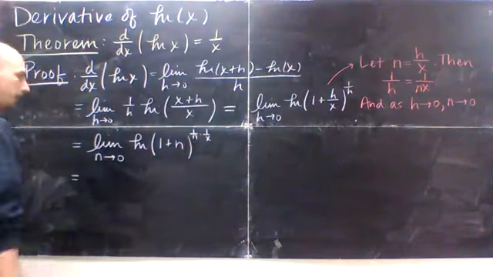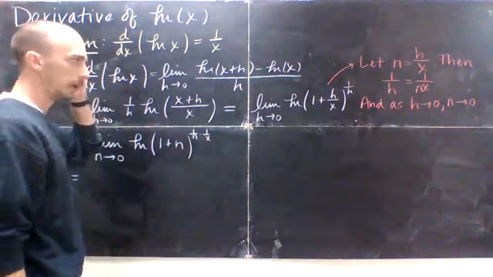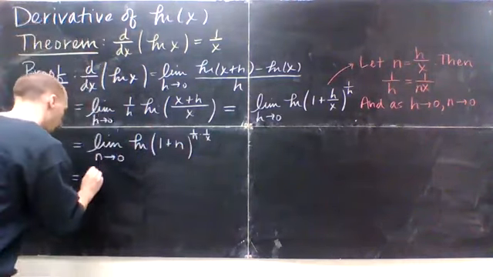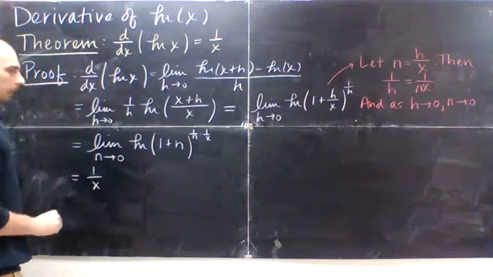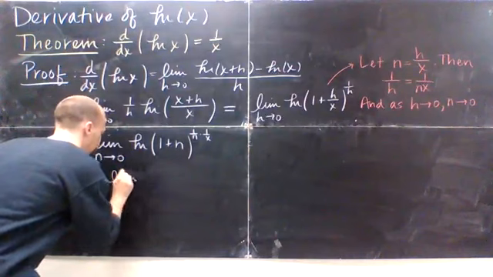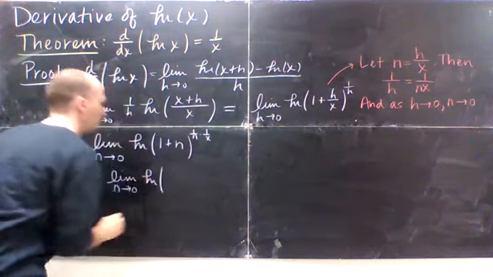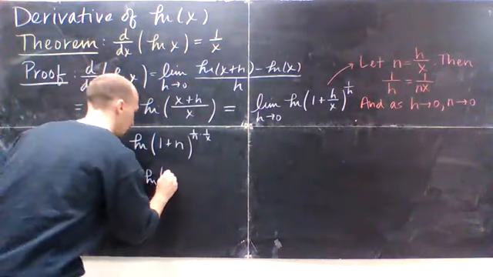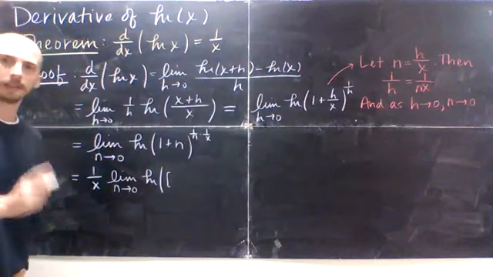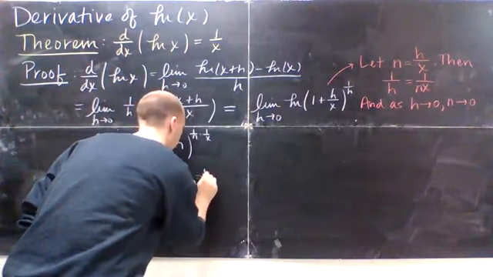And moreover, I think because 1 over x doesn't care what happens as n goes to 0, right? It's going to be something that I can factor out of the limit. So I'll have 1 over x times the limit as n goes towards 0 of the natural log of, or maybe I'll write it this way to make it a little more clear, 1 plus n to the 1 over n power.